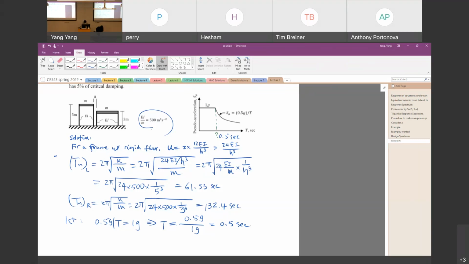Is something wrong with the equation for the period?